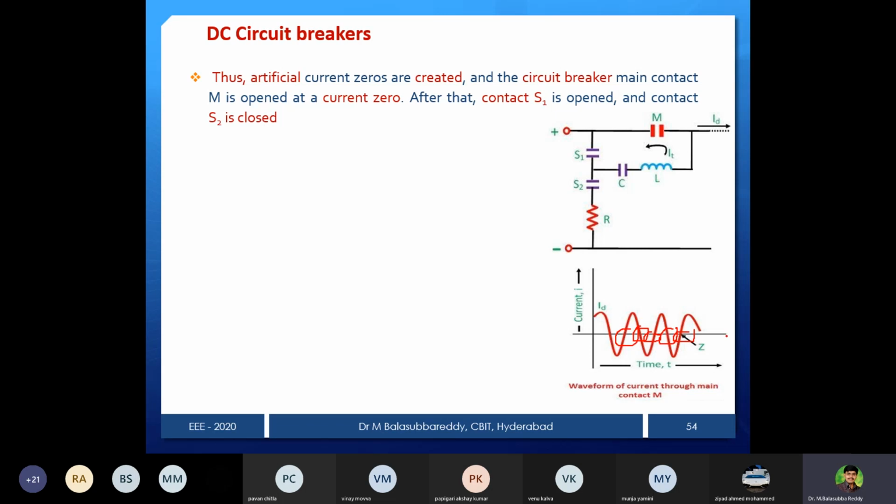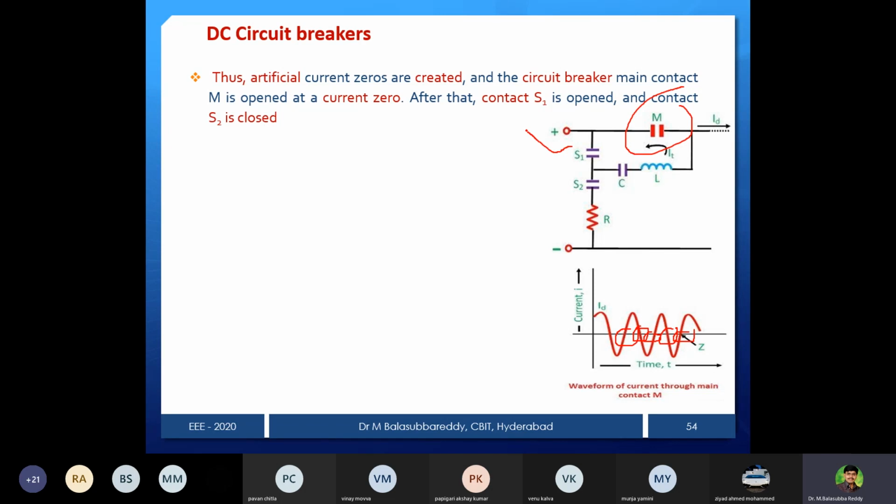If you notice this, artificial current zeros are created at the circuit breaker main contact M. This main contact M is operated at a current zero. After that, S1 is open. Once the current is 0, the valves are not conducting or anything. So then what will happen?